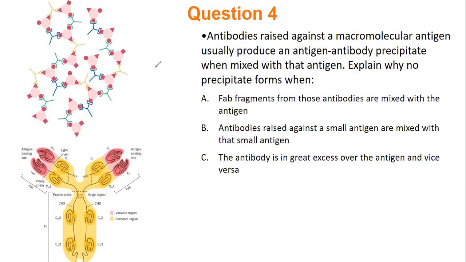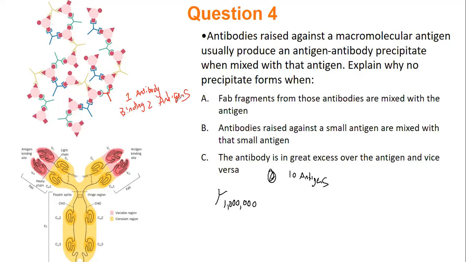Right, so C, let's say I have my antibody in great excess over the antigen. So if I have like 1 million antibodies, like let's say I have 1 million of these, and I have 10 antigens. Why won't I form this web? Probably because if we look back at our picture, we need 1 antibody binding 2 antigens to get this precipitate.